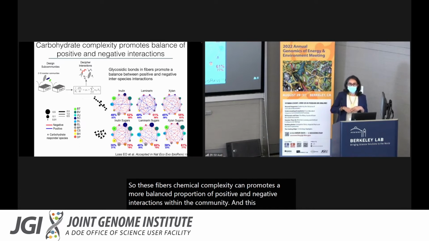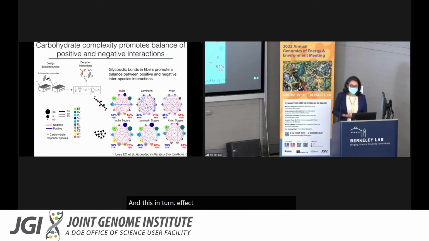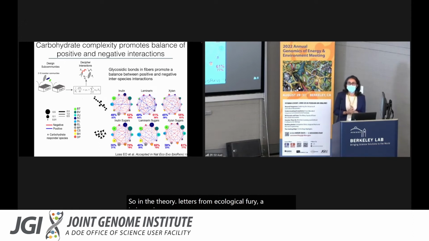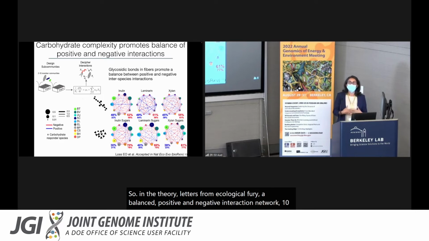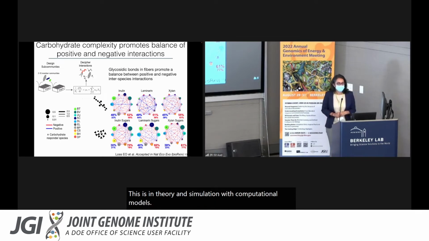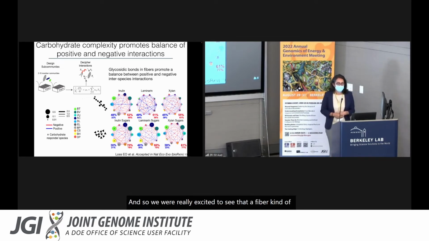And this in turn affects community assembly and, as I'll talk about next, response to perturbations. So in the theory literature, in ecological theory, a balanced positive and negative interaction network tends to be more stable. This is in theory and simulation with computational models. And so we were really excited to see that fiber promotes a more balanced network.